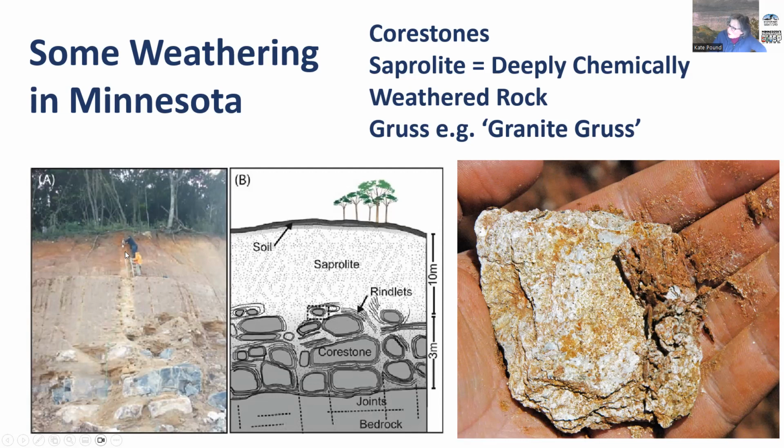And if you look up here, you can get a sense of what some of those core stones might look like. If you're driving along 23, you see these rounded boulders. There's some in a sort of wetland area off to the, I think it's the southeast of the road. So that is an example of weathering in Minnesota.